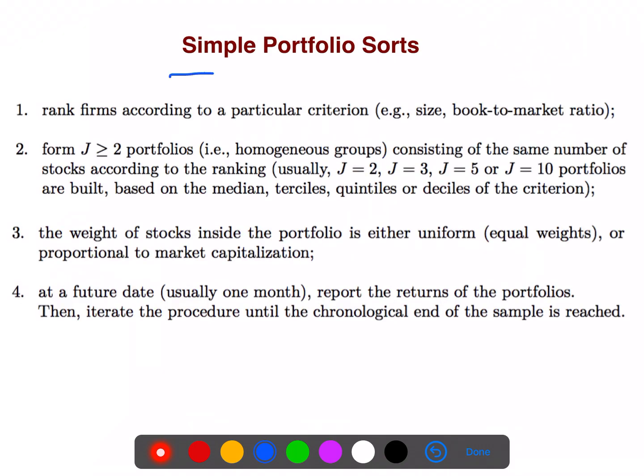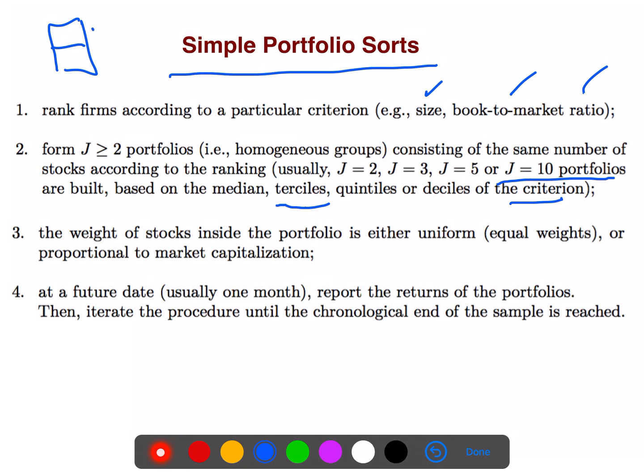So simple portfolio sorts: first we rank stocks by size, book to market, or any factor you like. Then you put them into portfolios based on some criterion. For example, you have just 10 portfolios, or you could use 2 portfolios, for example high value and low value, growth and value.